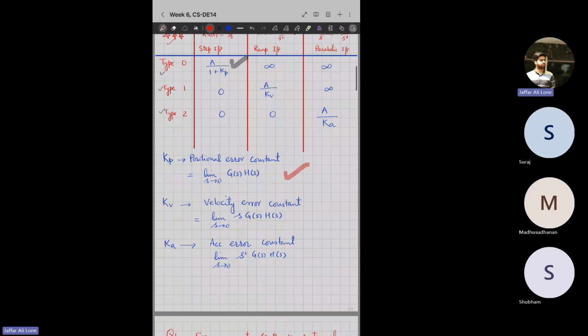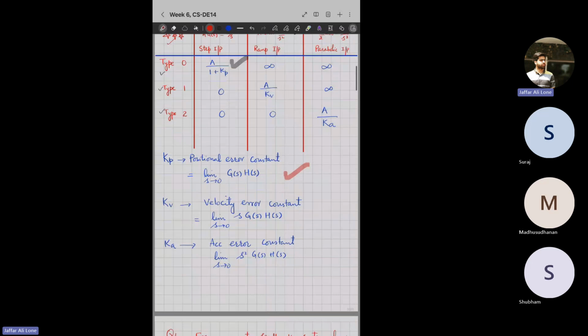Okay, so basically, if you have a type 0 system and you are giving a step input, you only have to find this positional error constant. Then your steady state error will be A divided by 1 plus Kp, where A is the amplitude of the input signal. If you have a type 0 system and you are using a ramp input, the steady state error will be infinite. So this type 0 system doesn't take ramp input.